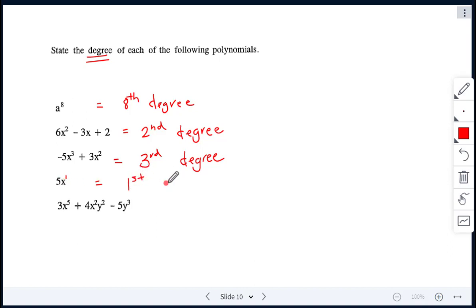So first degree. And the last one, this has a degree of 5. This has a degree of 2 plus 2, which is 4. This has a degree of 3. So the highest value here for a degree is 5. So this would be the 5th degree.